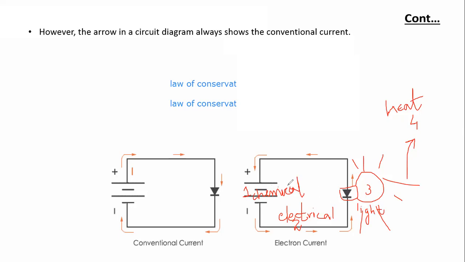In this very small example, you have multiple conversions of energy at the same time: chemical to electrical, electrical to light, and light to heat energy. There are a huge number of examples in your daily lives of the conversion of energies, which you don't even notice.